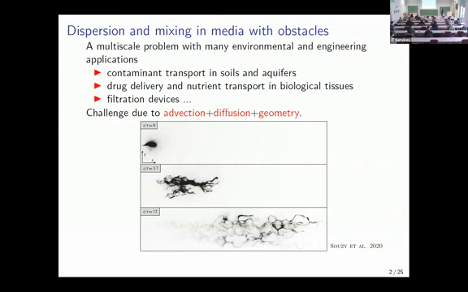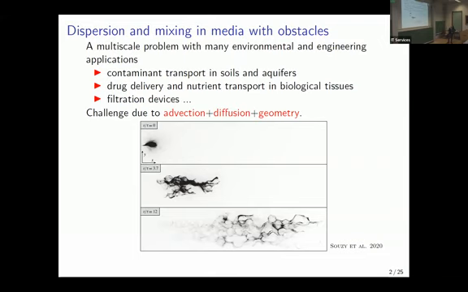So these are usually quite random environments, but more ordered environments are such like filtration devices, where you have more ordered arrays of obstacles in there. And again, you're interested in the evolution of chemicals, tracers, dyes within these environments.